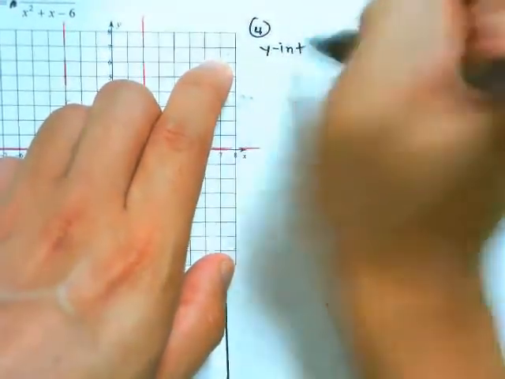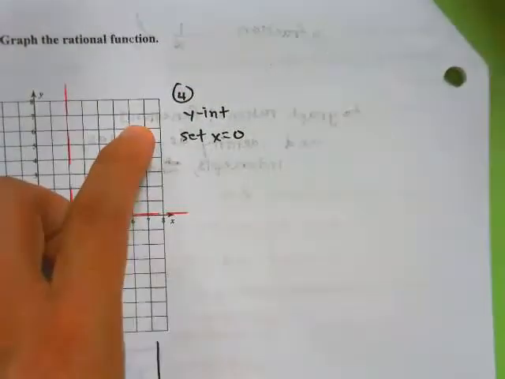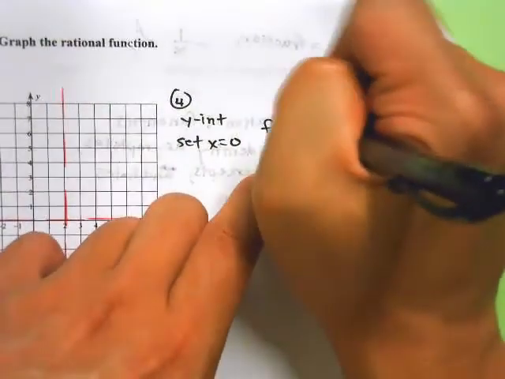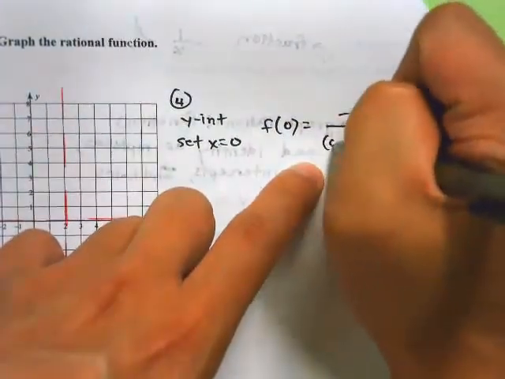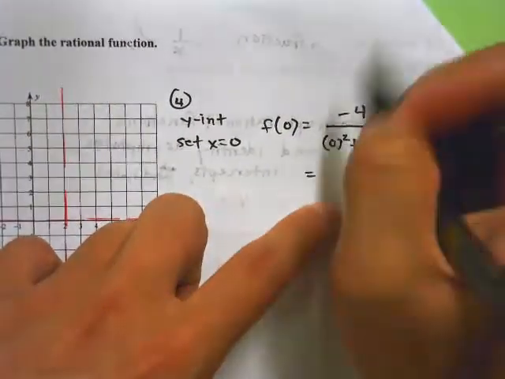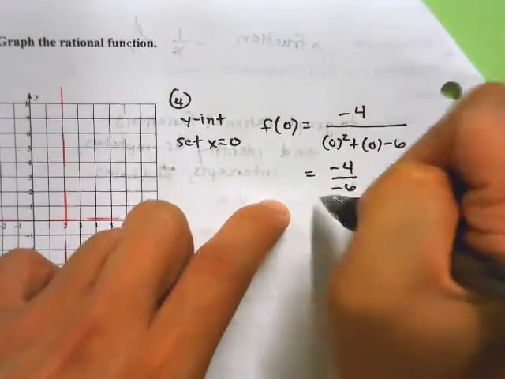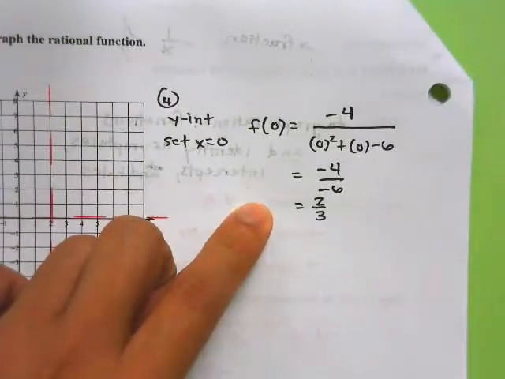let's get the y-intercept. We're going to plug in 0 for x, or set x equal to 0. So f of 0 is equal to negative 4 over 0 squared plus 0 minus 6. This is negative 4 over negative 6, and this is going to be positive 2/3. This is a point, okay?